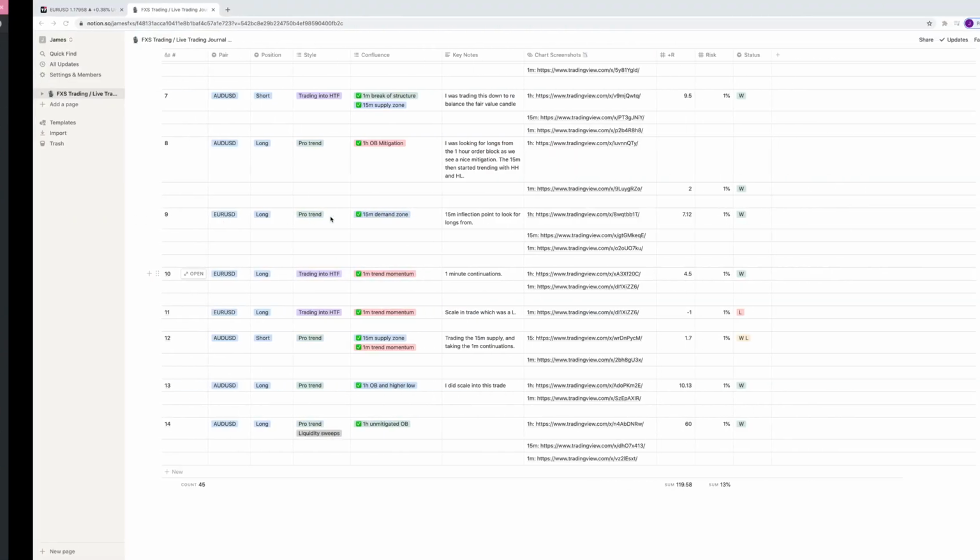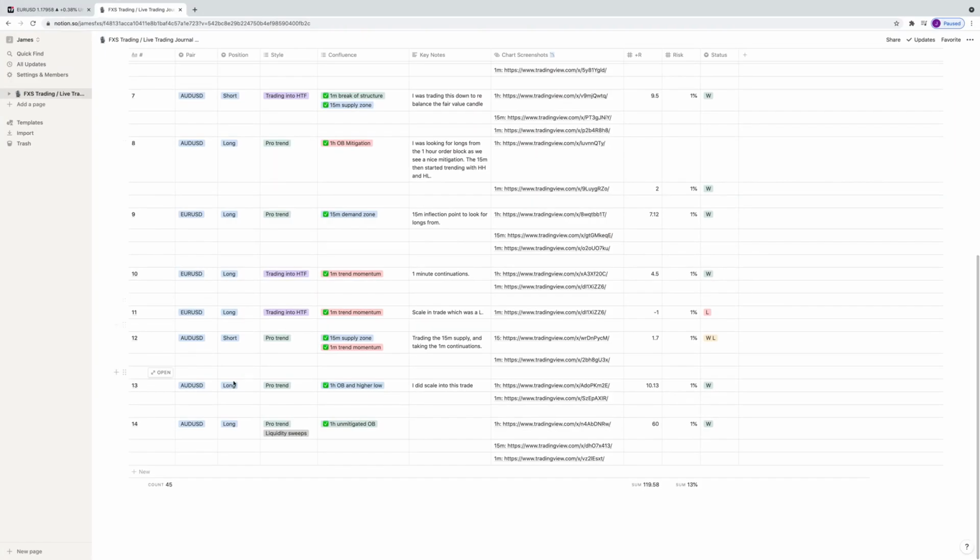Let's go back into Notion. So the first trade I want to go through, which was long on AU, pro trend, hourly order block from the higher low, and I did scale into the trade, which resulted in 10.13 both trades.